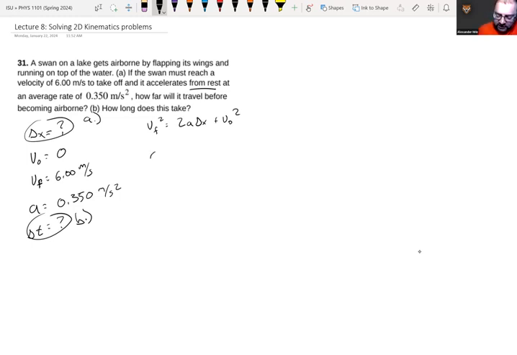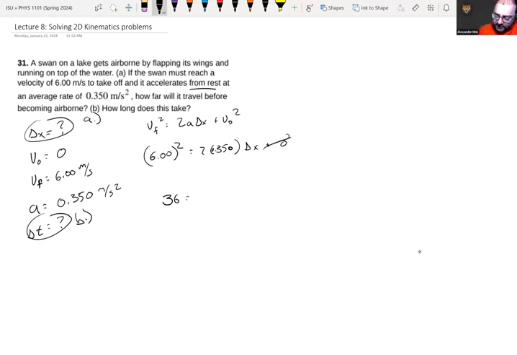We can just start plugging in. So it'd be 6.00 squared equals 2 times 0.350 times delta x plus 0 squared. That just goes away. And then, doing a little bit of multiplication and simplifying, we end up with 36. And I'm going to stop writing the decimals if I don't need them. I'm just going to remember that I need to round to three sig figs.